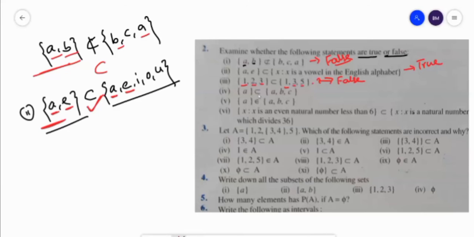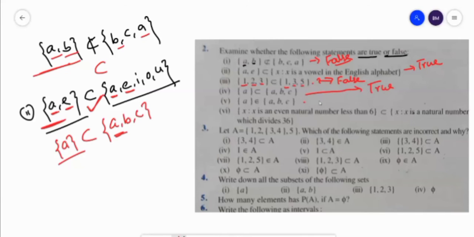Next, number 4, {A} is a subset of {A, B, C}. Remember that this is a set and this is {A, B, C}. Obviously this is true because A is there. So number 4 is a true statement.